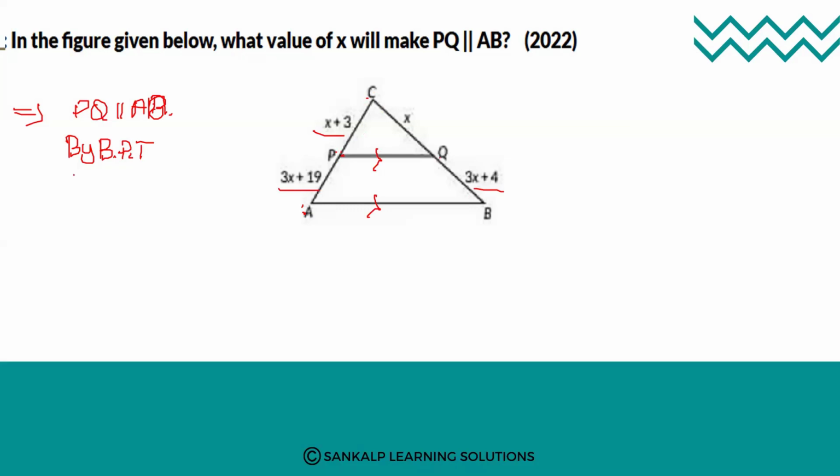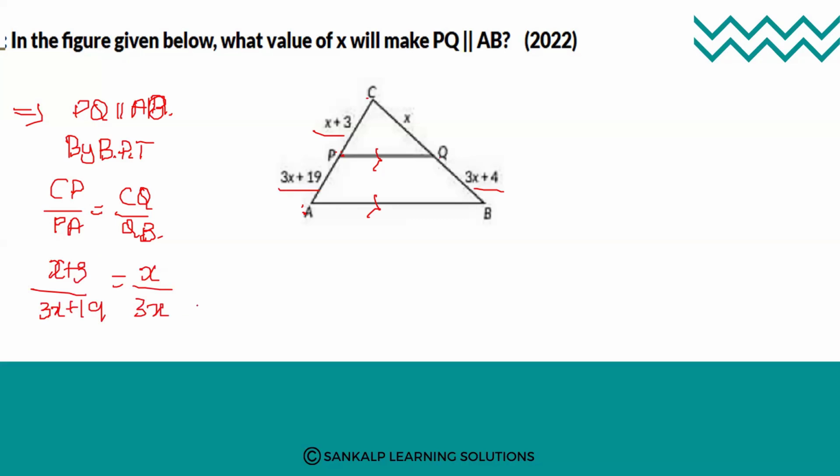So by basic proportionality theorem, we can say that CP divided by PA is equal to CQ divided by QB. Right. So CP value is X plus 3. PA value is 3X plus 19 is equal to CQ value X divided by QB value 3X plus 4. Okay.